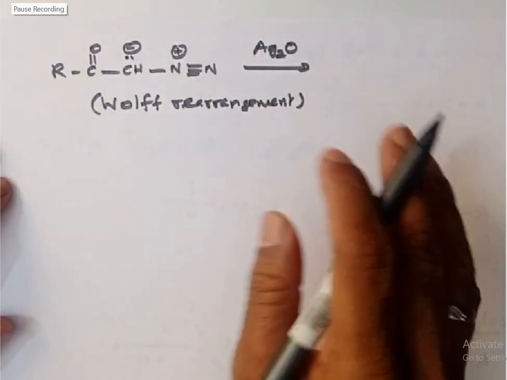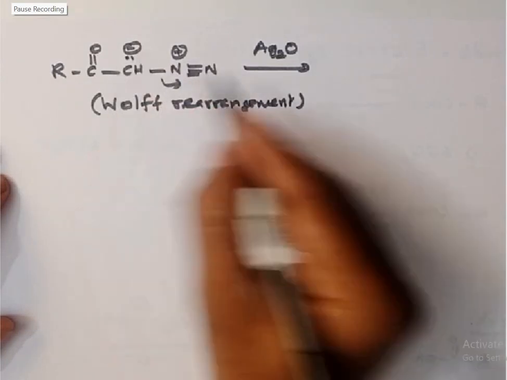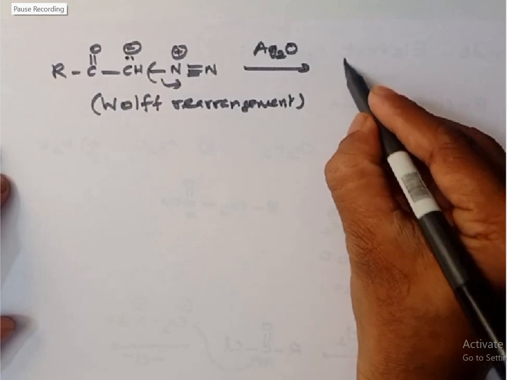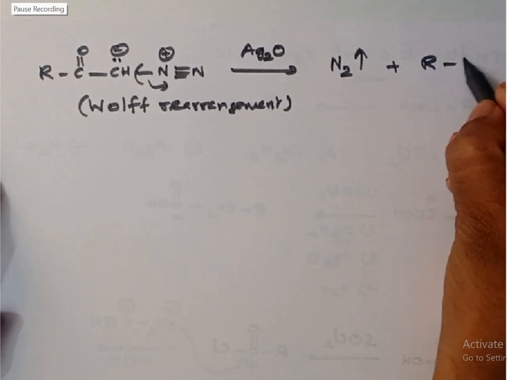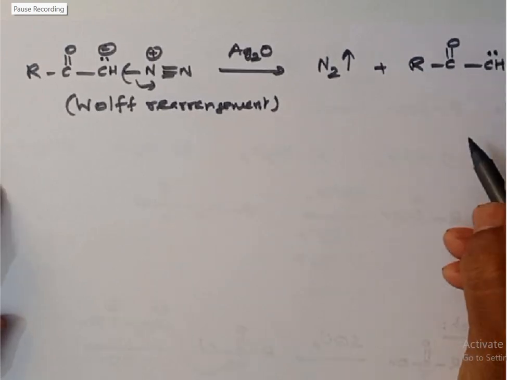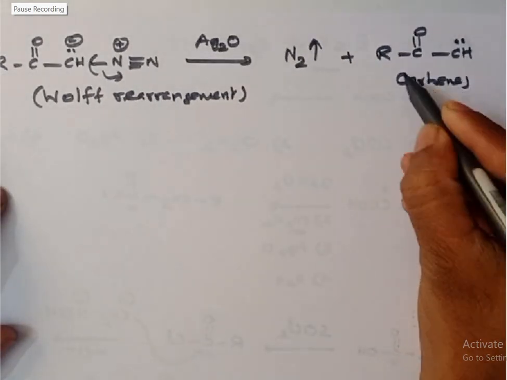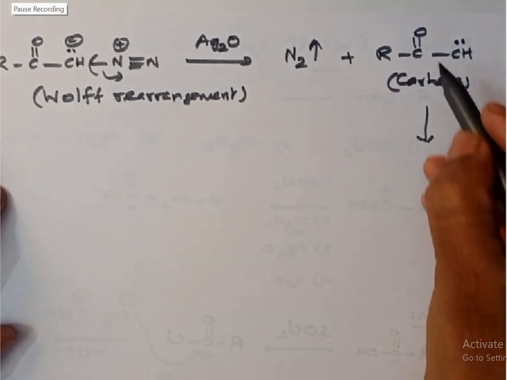What is actually happening here is that first this azo group comes out as nitrogen gas, so you'll get nitrogen gas plus a carbene, RCOCH dot. This is called a carbene, and then this carbene undergoes rearrangement. What will happen here?